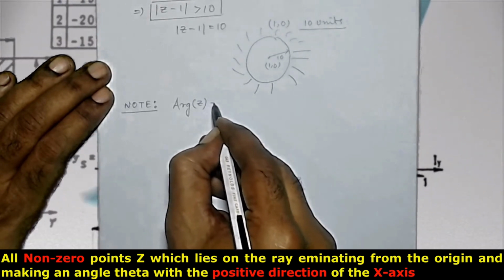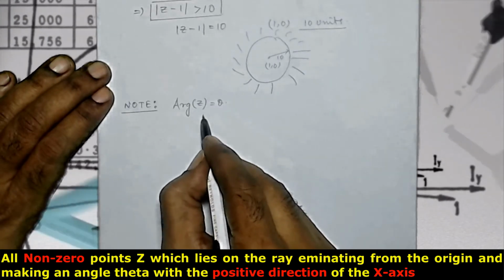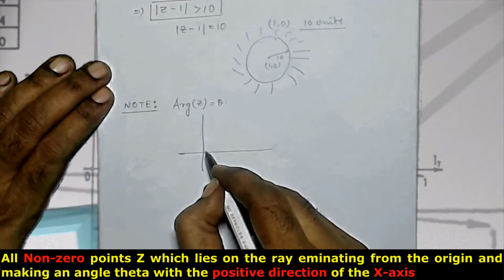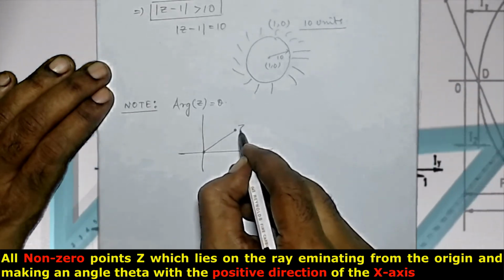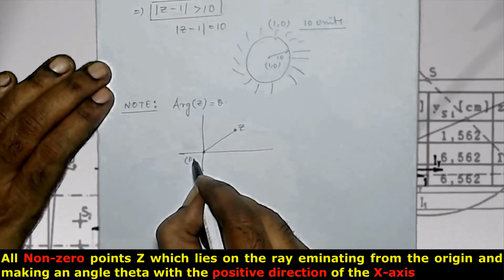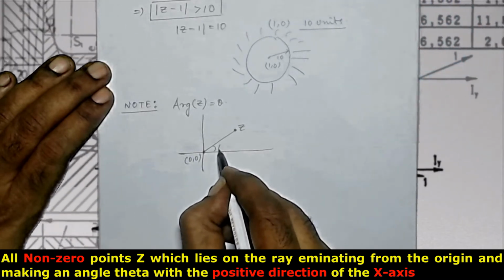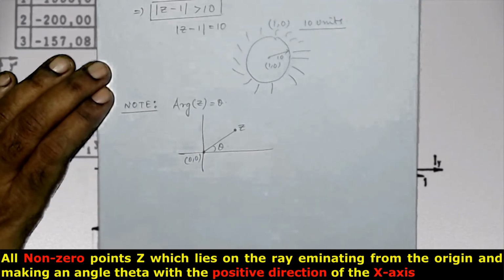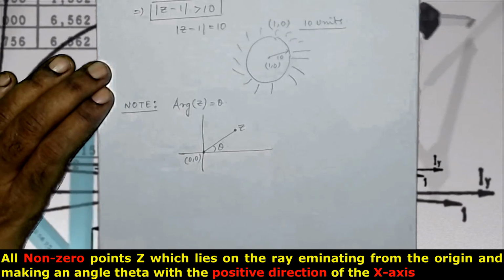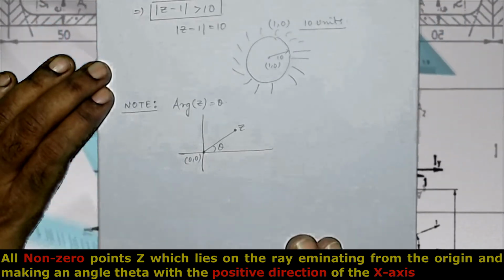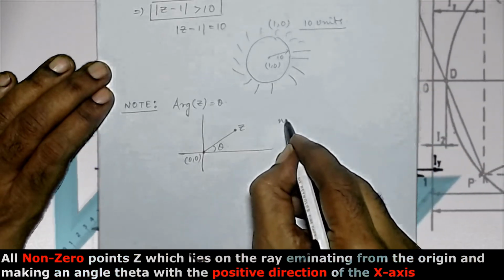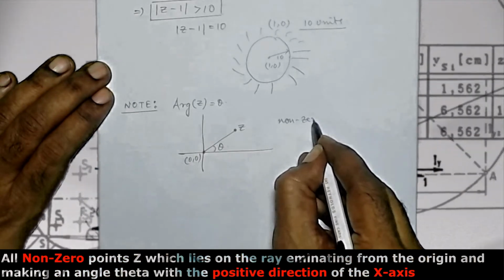Argument of z is theta. It represents, if this point is z, this is the origin and this angle is theta. So arg z equals theta represents non-zero points on a ray, be very careful, non-zero points.